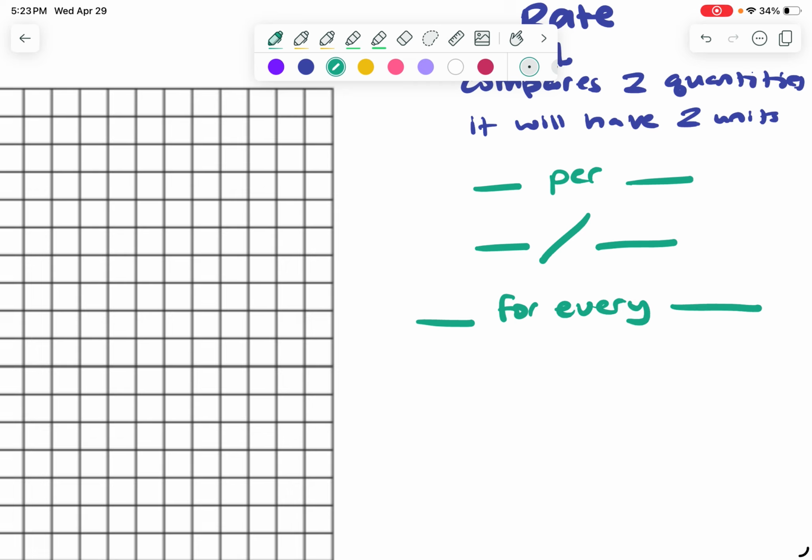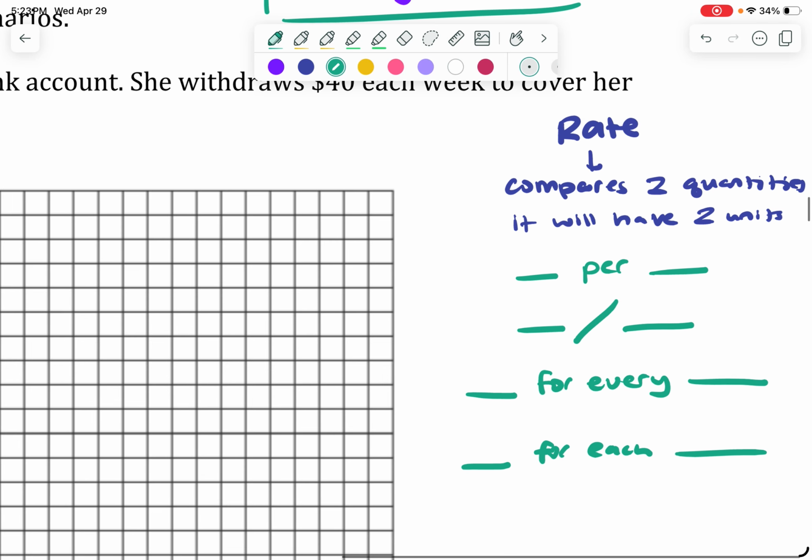So like it goes up $5 for every additional person. Or the words for each. This is not an all-inclusive list, but these are common phrases that you can identify from a word problem to ensure you can appropriately identify the rate.